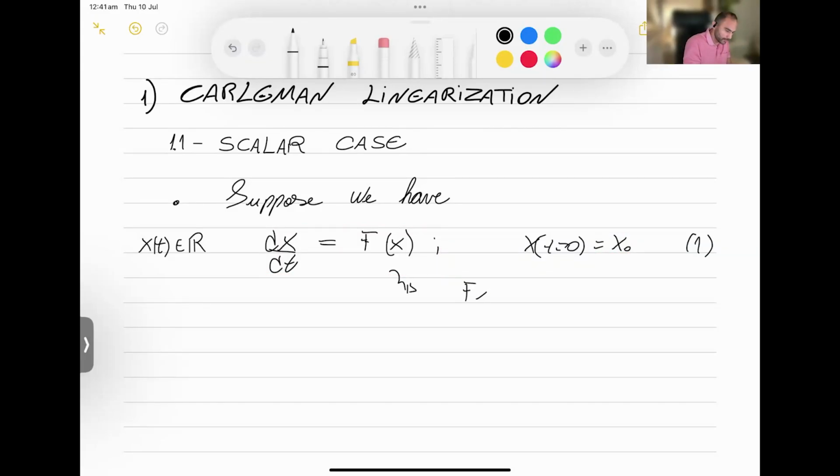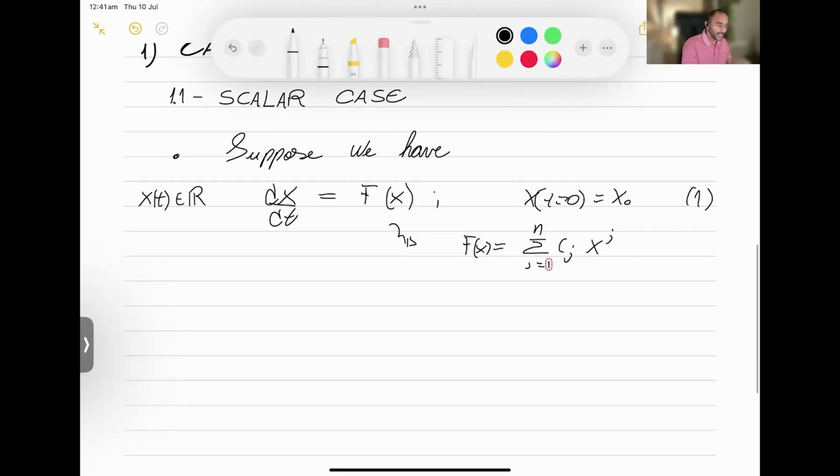So suppose you are dealing with this kind of problem, a polynomial of order n, again with some scalar coefficients, which are not important now. The main idea of this Carlemanization is that you have to define new variables that are going to be related to these nonlinearities.